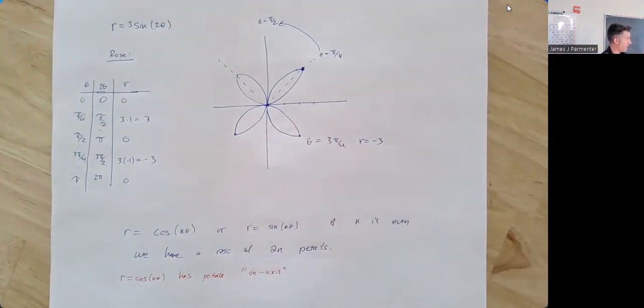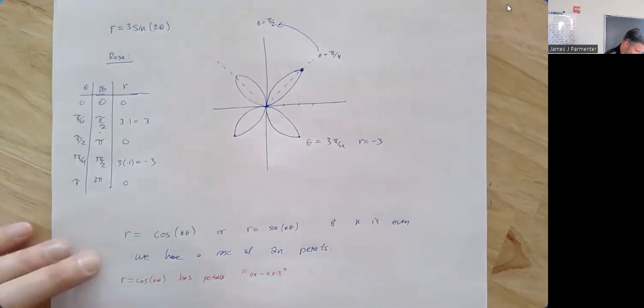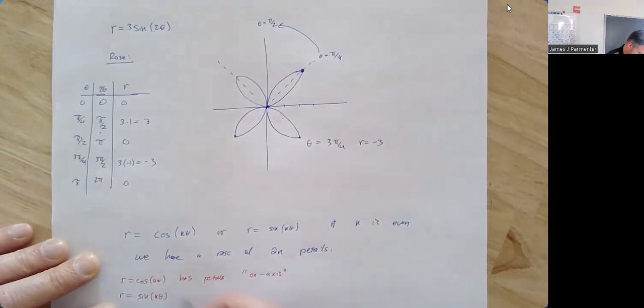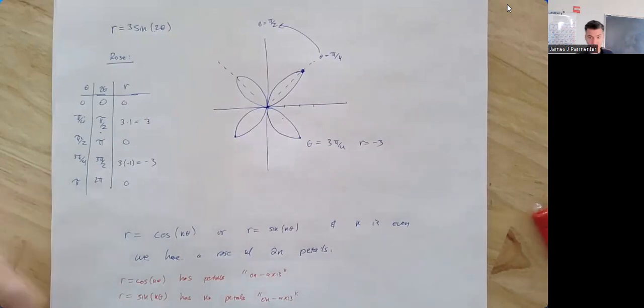If it was cosine of 4 theta, you'd have them all evenly spaced out and you'd still have 4 of them on the axis. Whereas sine, on the other hand, never does. That would only be for 2 theta, right? That's only when it's above. Well, no. What I'm saying here is that no matter what even multiple of theta, cosine will always be on and sine will always be off.